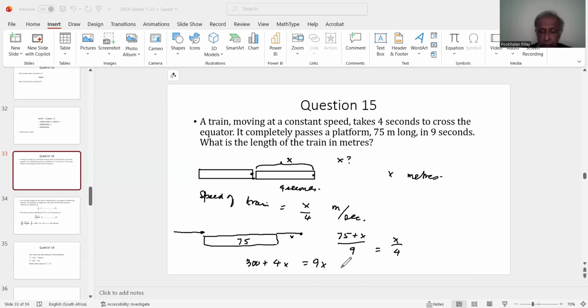You bring all the x's to one side, and you will see that x is equal to 60 meters. 9x minus 4x is 5x. 5x is 300. 5 times what is 300? 60. Okay, so that's the answer to that problem.